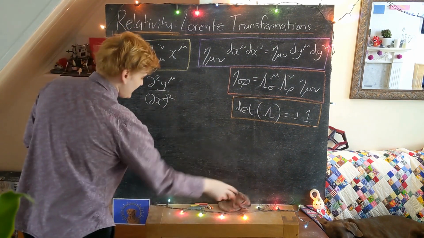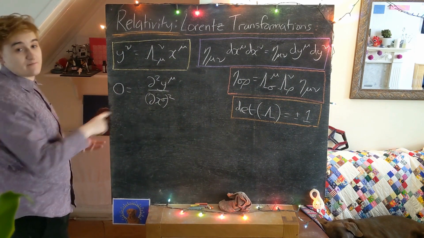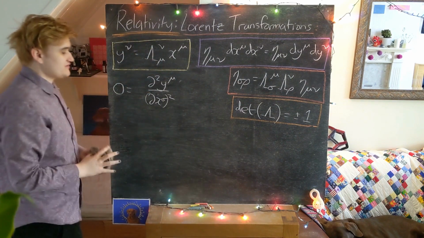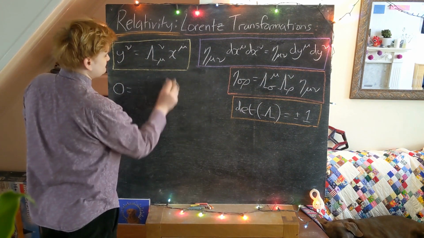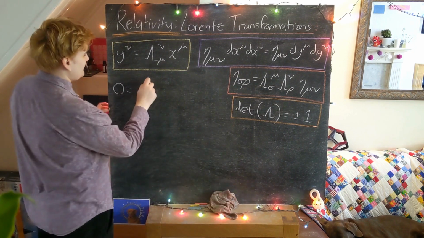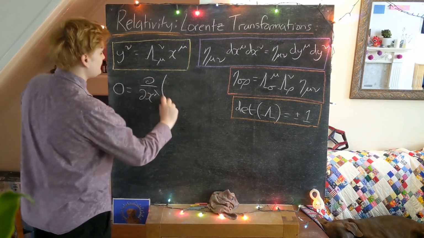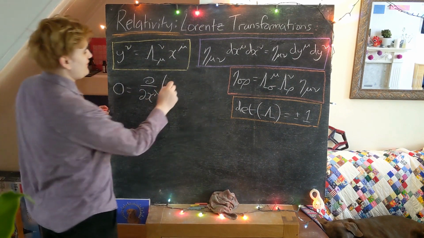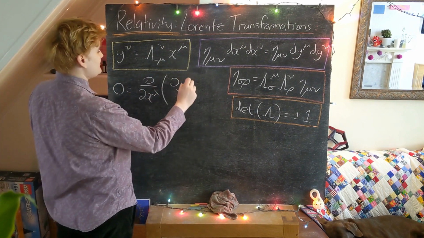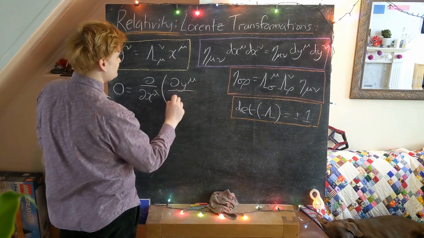which now is simply saying, well, if we remember what this expression originally was, we were taking a partial derivative of now what we had originally, which was the Lorentz transformation.